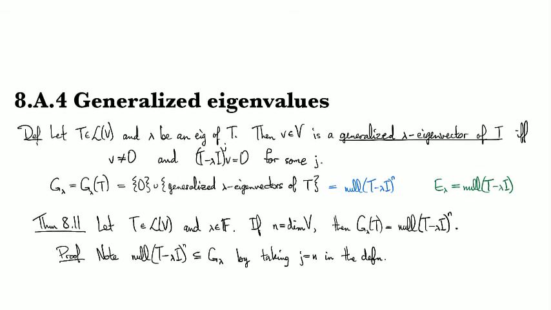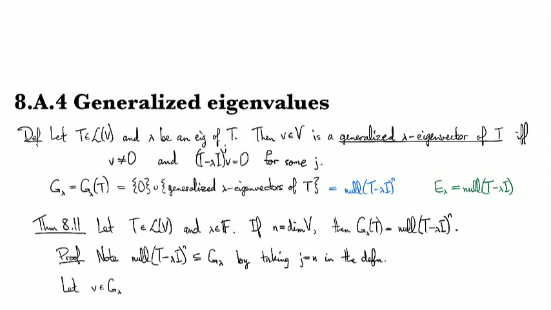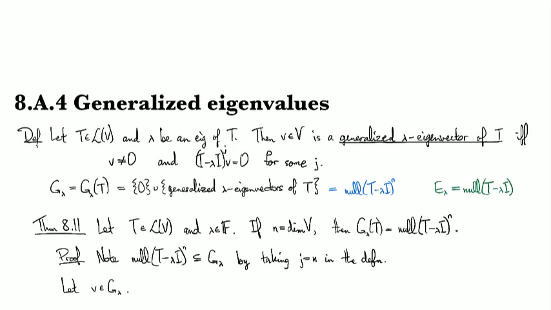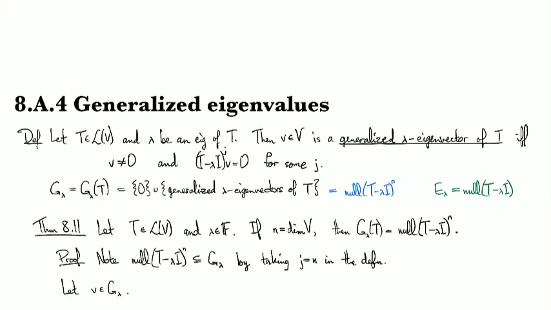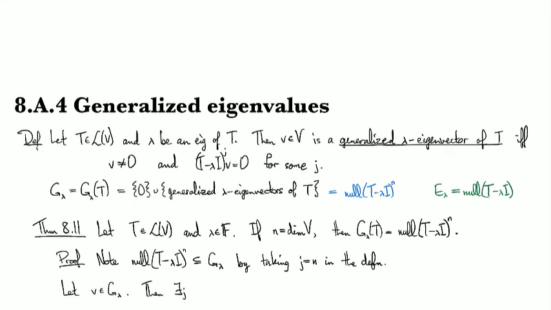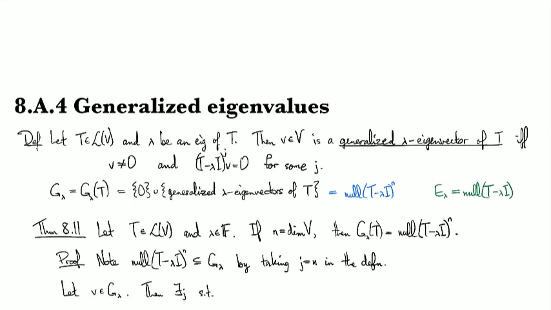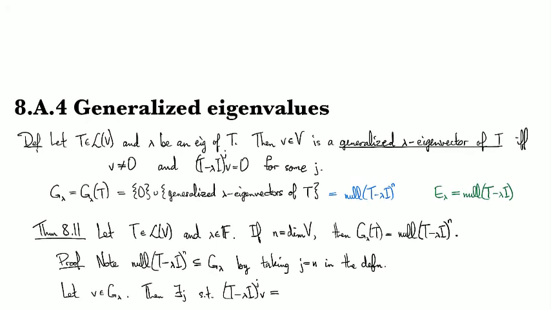For the other containment, let's take V to be in G lambda, and then we'll go ahead and show that it's in the null space of (T minus lambda I)^n. So if it's in here, then there exists a j such that (T minus lambda I)^j applied to V gives you 0.